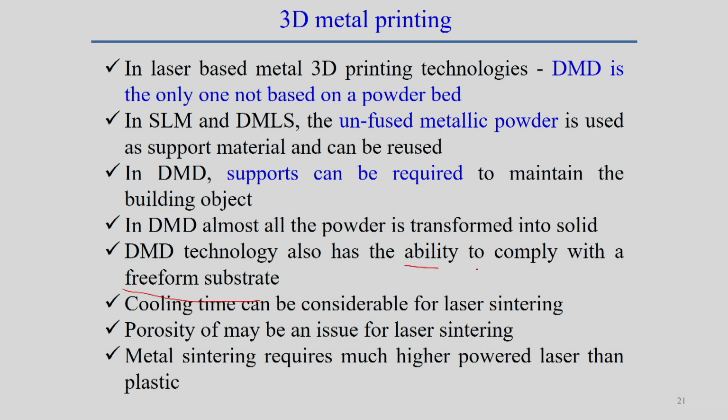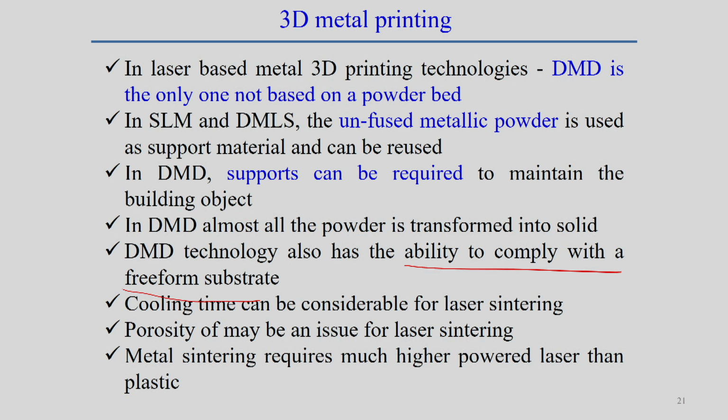So, free form structures can be formed in case of direct metal deposition, but cooling time can be considerable for the laser sintering process. That is most important in case of the sintering process, but porosity is another issue in laser sintering. But metal sintering of course requires much higher power as compared to plastic.